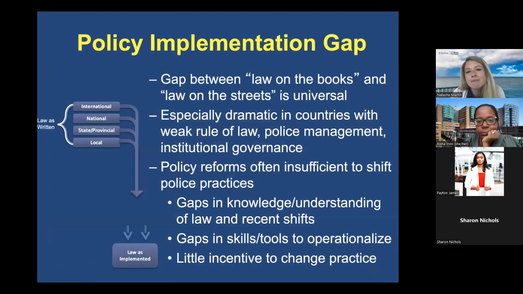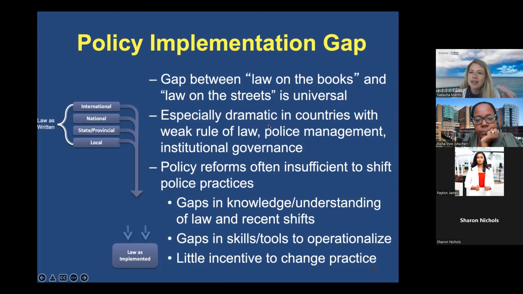But unfortunately, what we saw as this was implemented and monitored in the cohorts of people who inject drugs is that there was a policy implementation gap. This happens often, where there's a gap between what the law is on the books and how the law is implemented on the streets. There's always some gap, but it's especially dramatic in places where there's weak rule of law or weak police management.